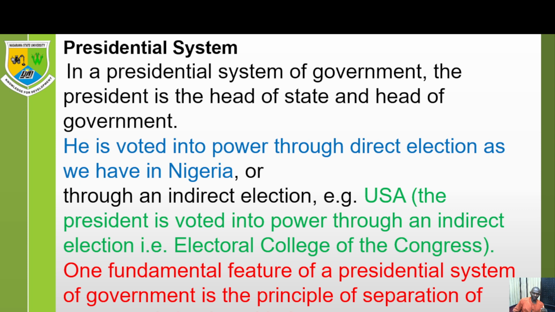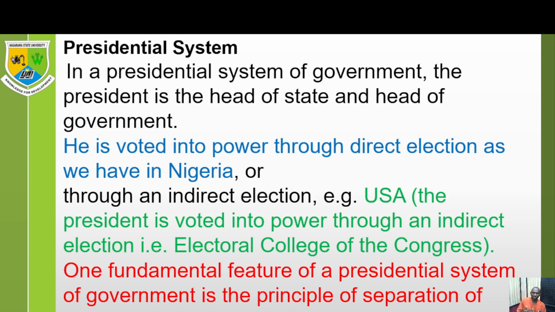Today, we are going to discuss them in a formal way so that at the end of the day, you should be able to understand and use them at will. In the presidential system of government, the head of state and head of government is voted into power through a direct election, as we have in Nigeria, or through an indirect election, for example the United States. You see, the presidential system of government varies in some countries.